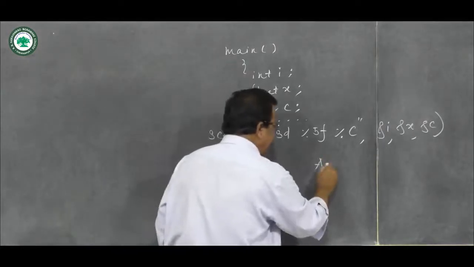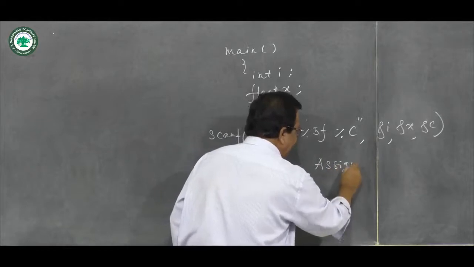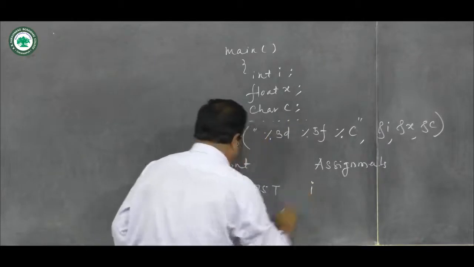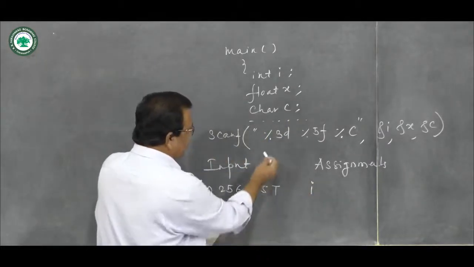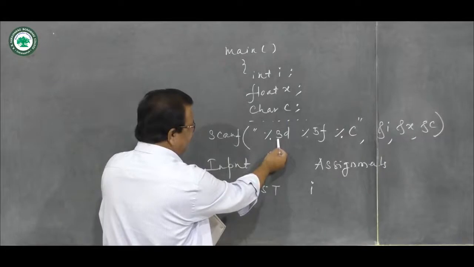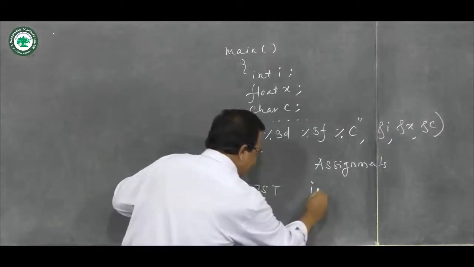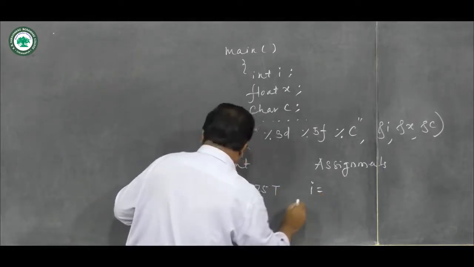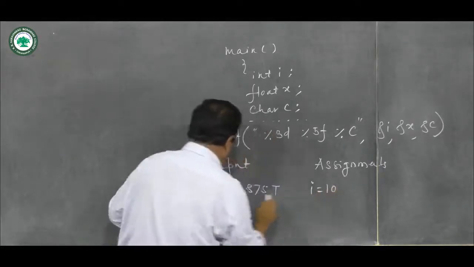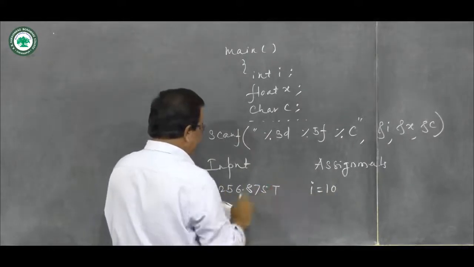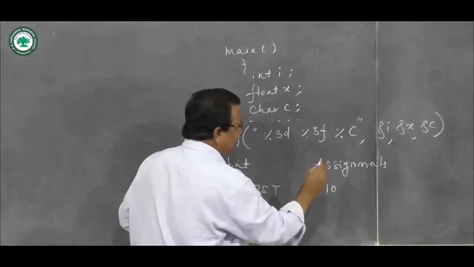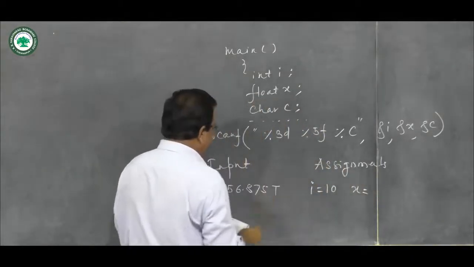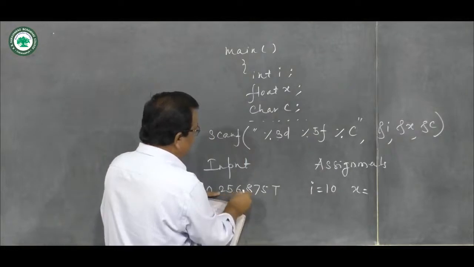Then how will the assignment take place? In i, this 10 will be stored, because its width is 3 maximum. And one more thing: the blank space is there which will not appear. In x, which is a floating type variable, 5 characters will be stored: 1, 2, 3, 4, 5.